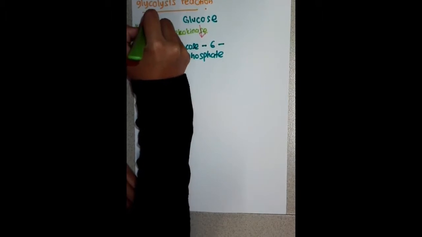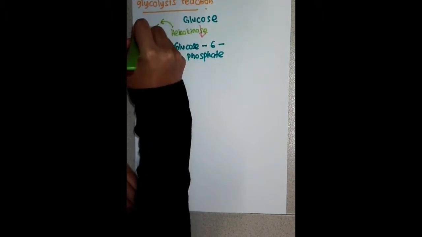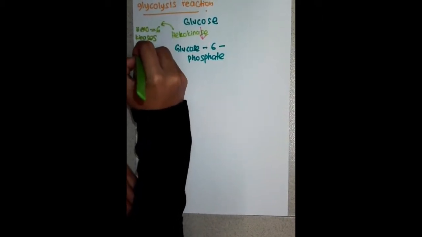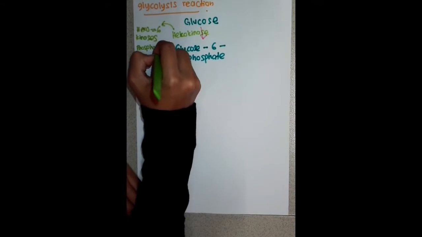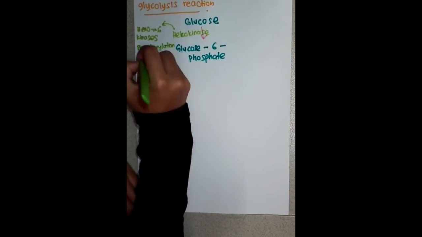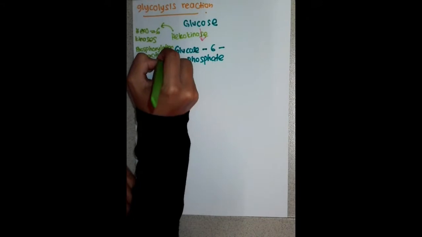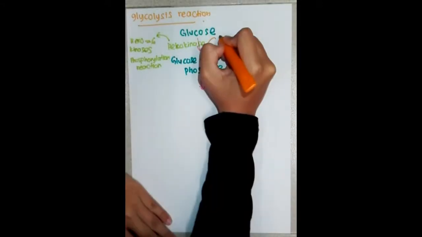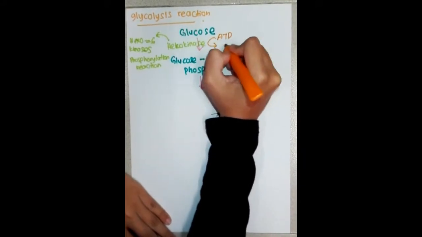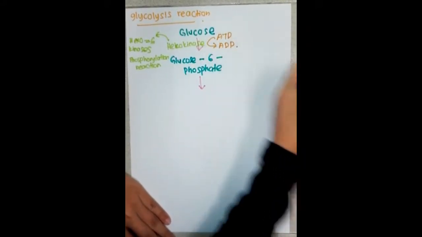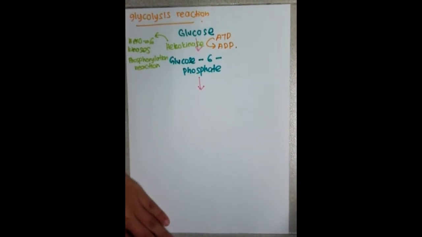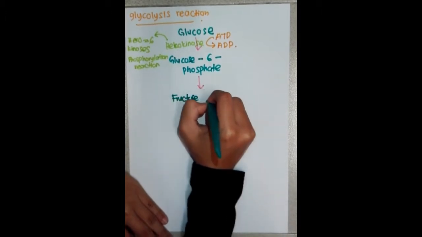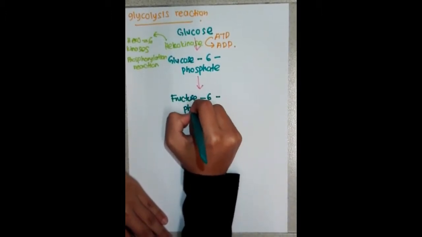The word hexo means 6 and kinase is an enzyme that catalyzes phosphorylation reactions.